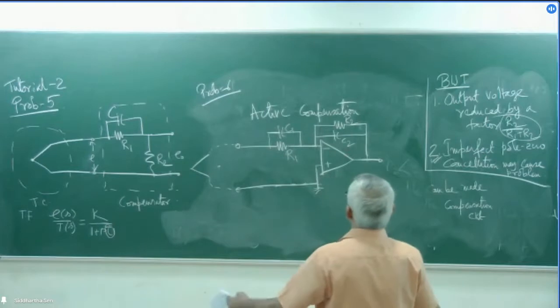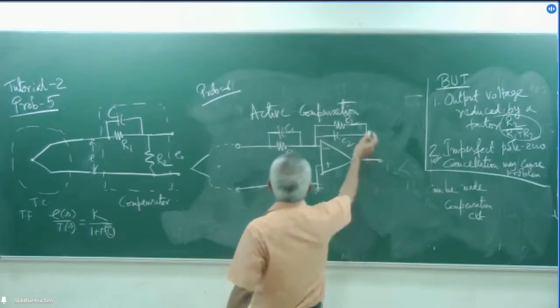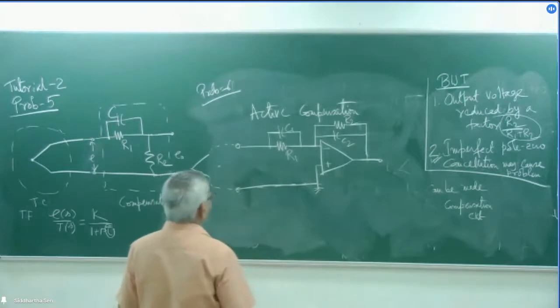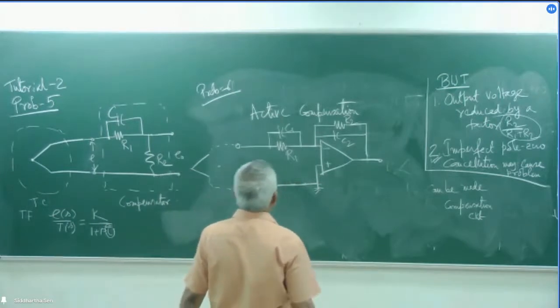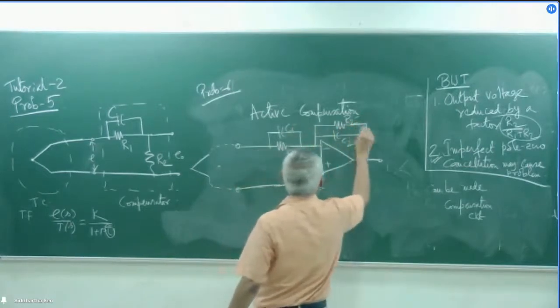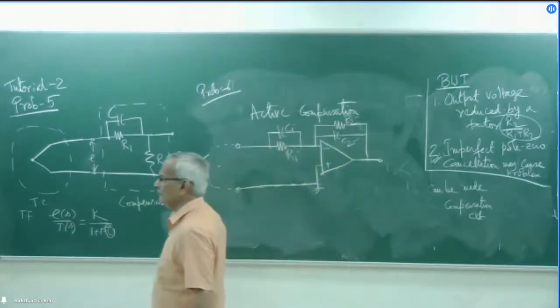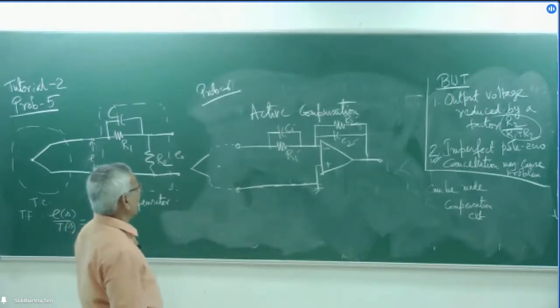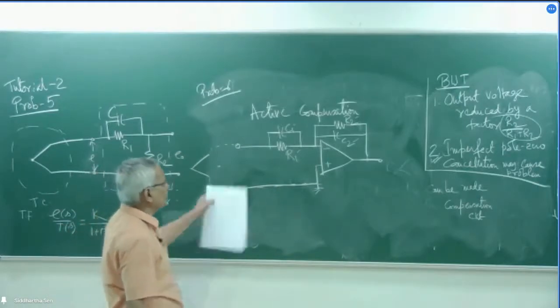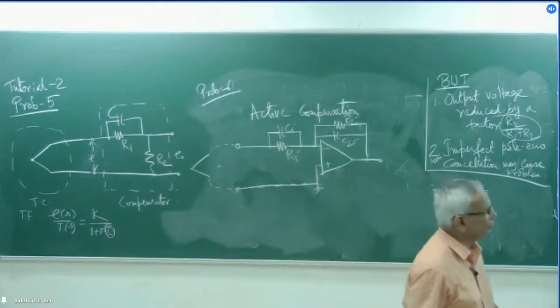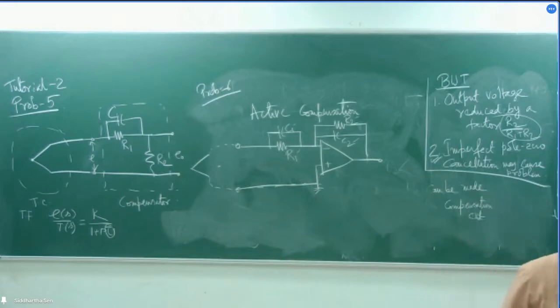So this is a simple active filter circuit, or compensator circuit. I can choose R1, C1, R2 and C2, by which we can make it faster as well as amplify the voltage. So the design of R1, C1, R2, C2, I leave to you.